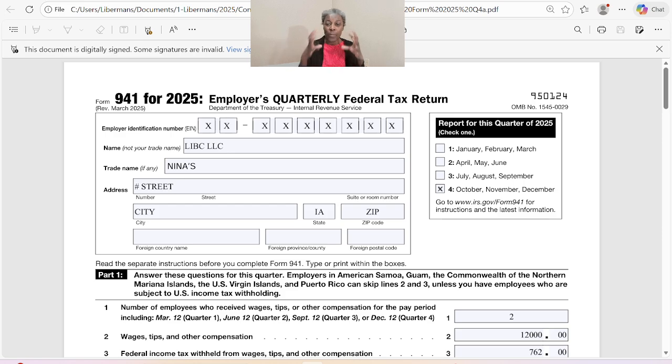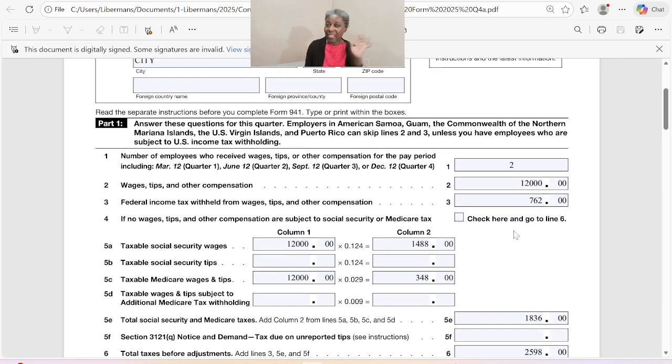The wages you pay within those 3 months are the numbers you are going to put on it, not the cumulative for the whole year, but the payroll information for the 3 months. So line 1 is the number of employees that you pay during that quarter, and in this example we put 2 people.